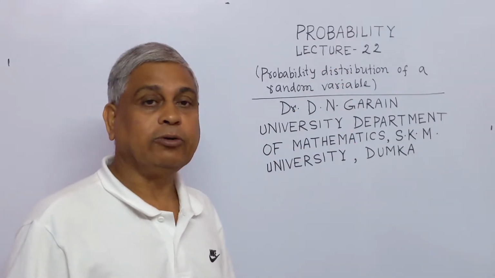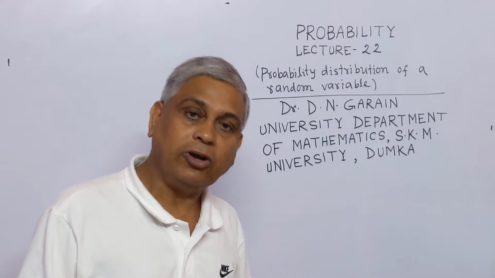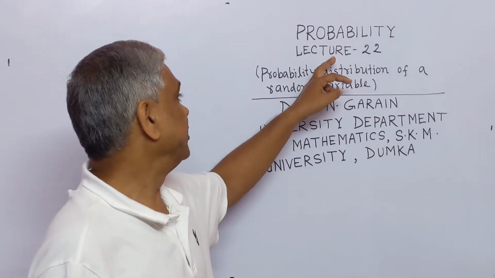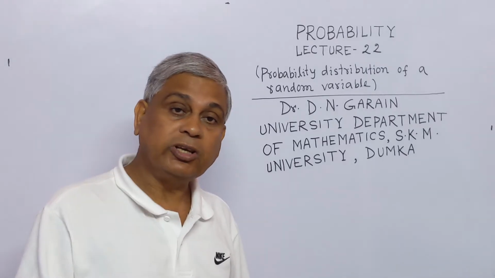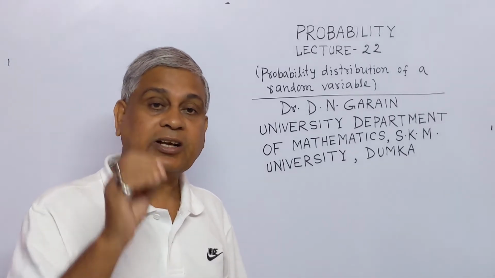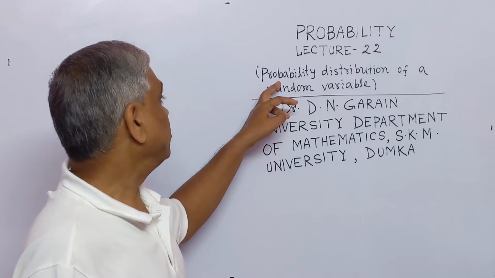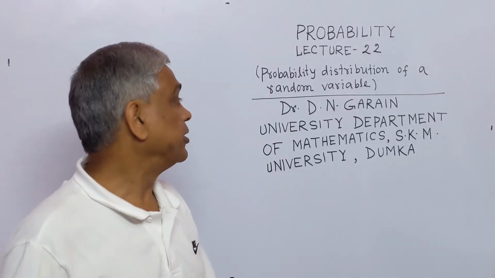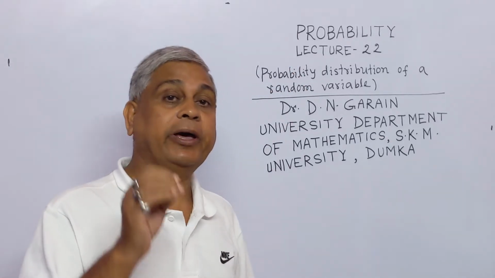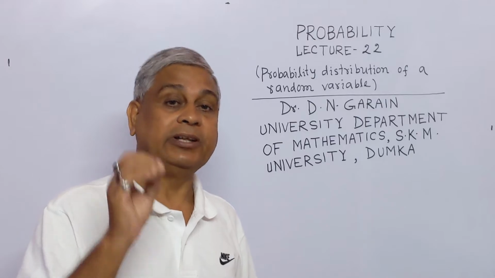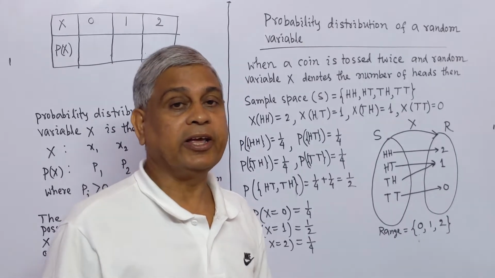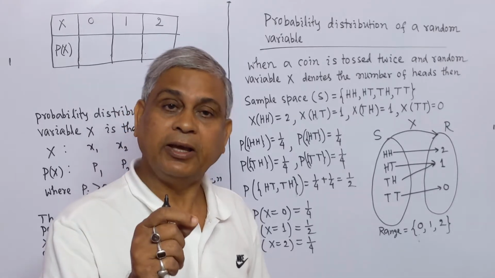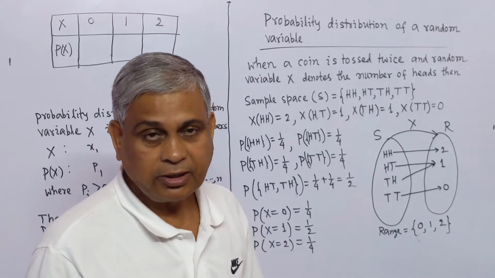Today, I will deliver lecture number 22 on probability, in which I will discuss the probability distribution of a random variable in probability theory. In the previous lecture, I have already given the concept of a random variable.